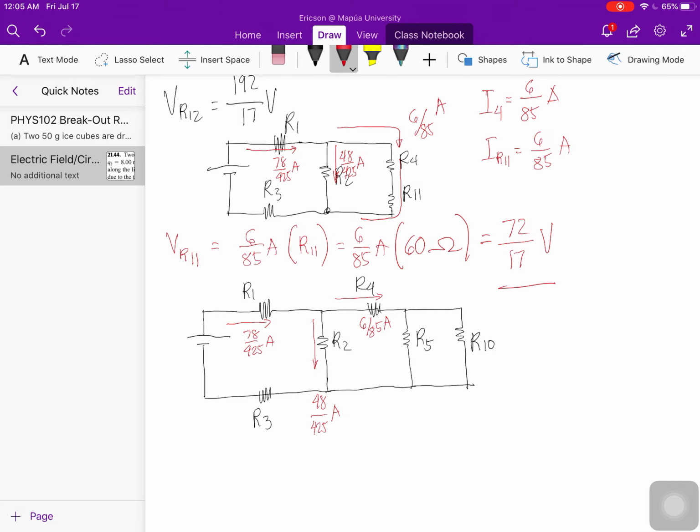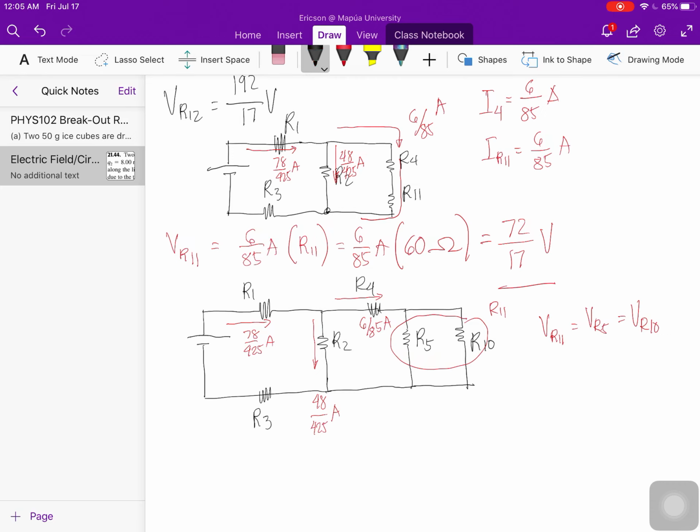Okay, so meron kang R5 and R10. So ngayon, na-compute ko na yung voltage on R11 to kasi R11 to originally. So ang voltage across them is 72 over 17 volts. So pare-pareho siya. So that is the same voltage ng R11 equals sa voltage on R5, voltage on R10.